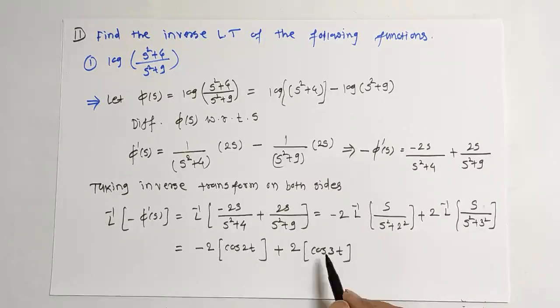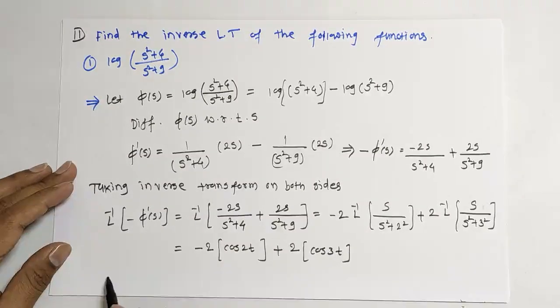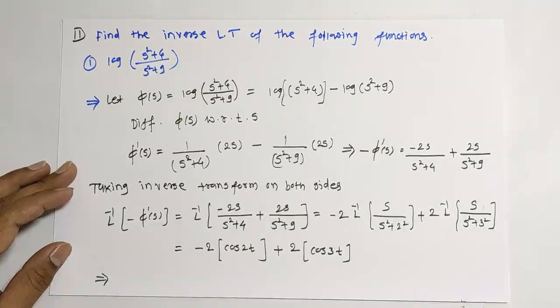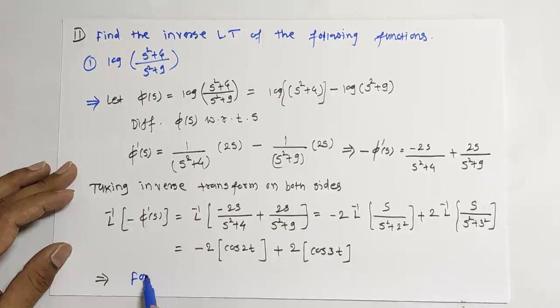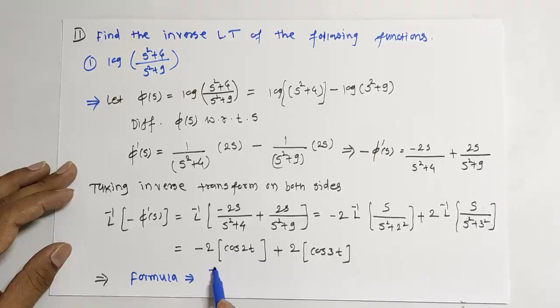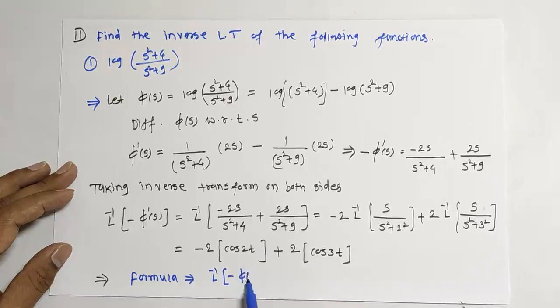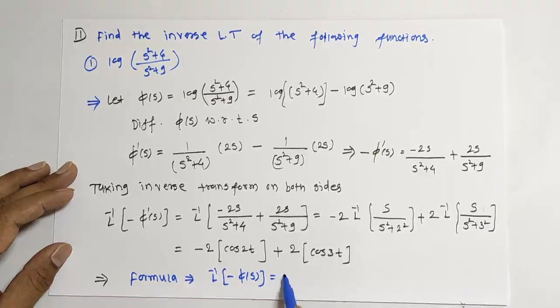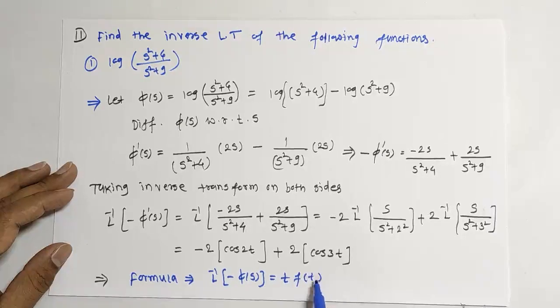So this is L inverse of minus phi dash of s. Use the formula. We know that L inverse of minus phi dash of s is equal to t into f of t. Right.